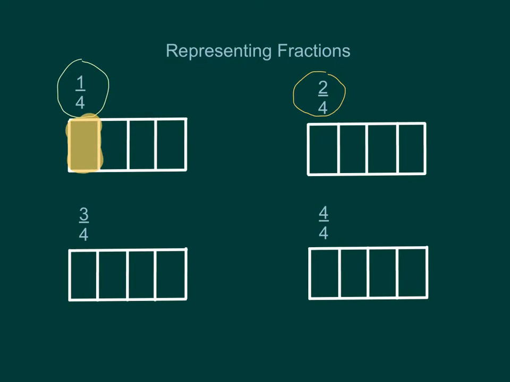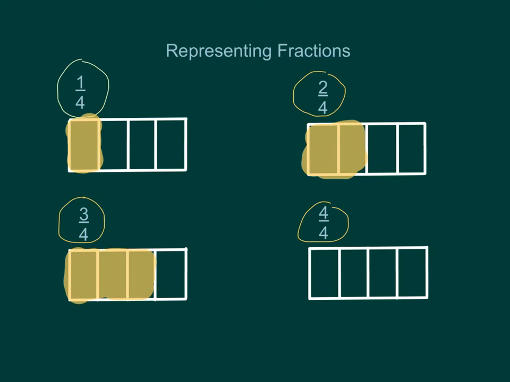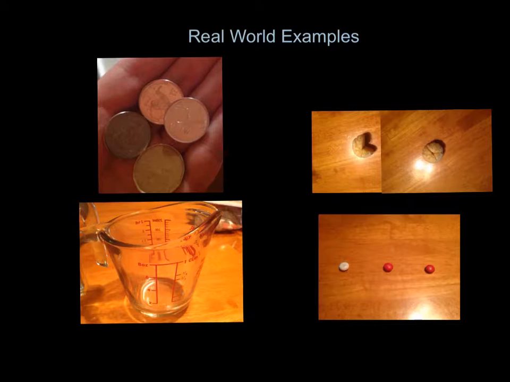For 2/4, this time we would shade in 2 of the equal parts. And for 3/4, we would shade in, you guessed it, 3 of the equal parts. And finally, for 4/4, we would shade in all 4 of the equal parts.